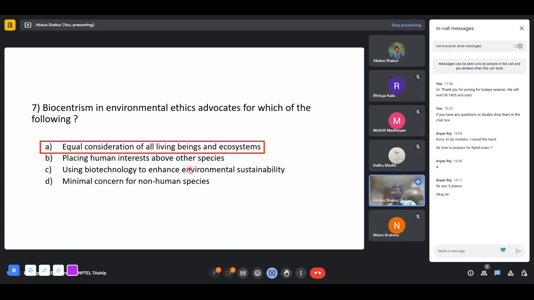Like, for instance, you cut down forests because humans need places to stay and for agriculture. That's not how you do it. In biocentrism, you give equal consideration to humans, other species, and also ecosystems.